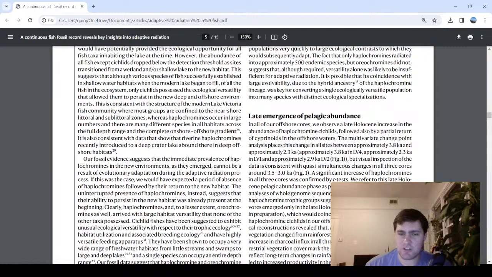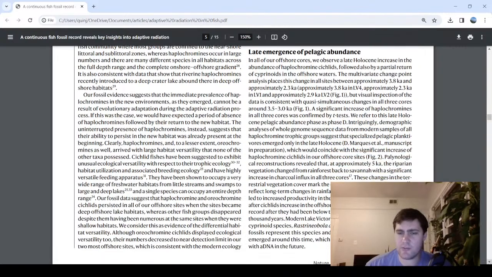Palynological reconstructions revealed that approximately 5 Ka, the riparian vegetation changed from rainforest back to savanna with a significant increase in charcoal influx in all three cores. Where would the charcoal come from?